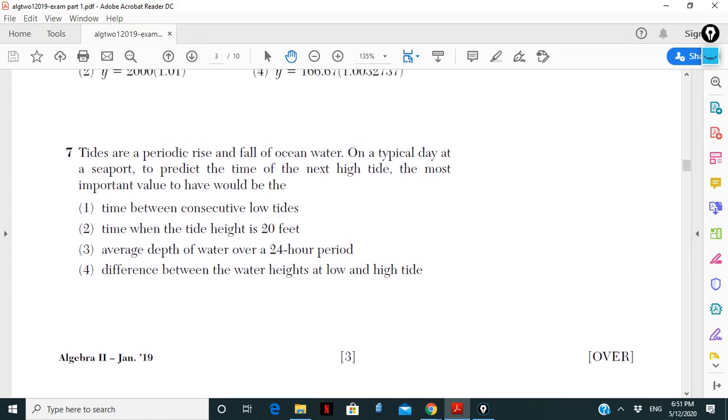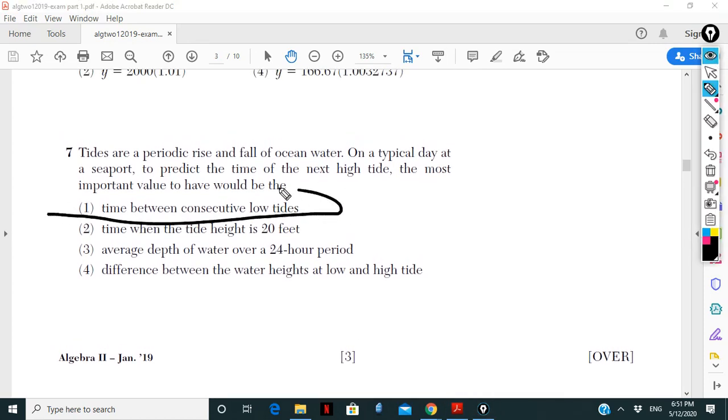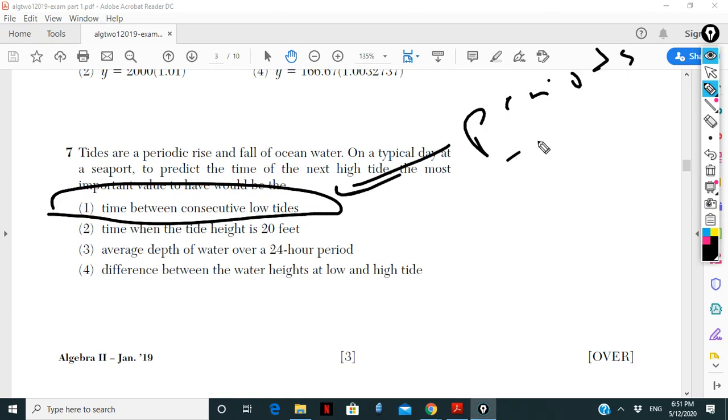Yes, because this represents the period. This is a period because it's two points behaving the same way. So it's going to be number 1.